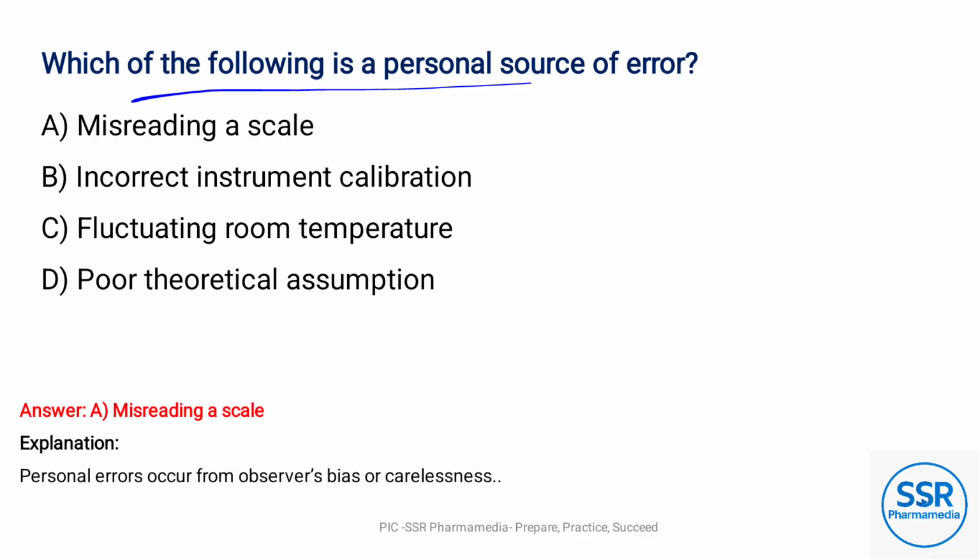The answer is option A, misreading a scale. That means incorrect reading of a scale. Personal error occurs from observer bias or carelessness. Without properly observing, we get an incorrect value or misread a scale. That means personal error.